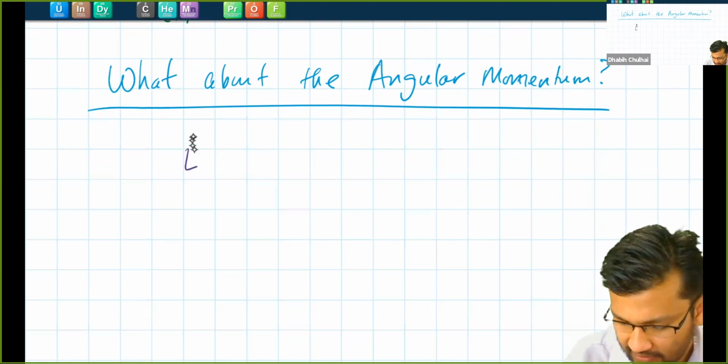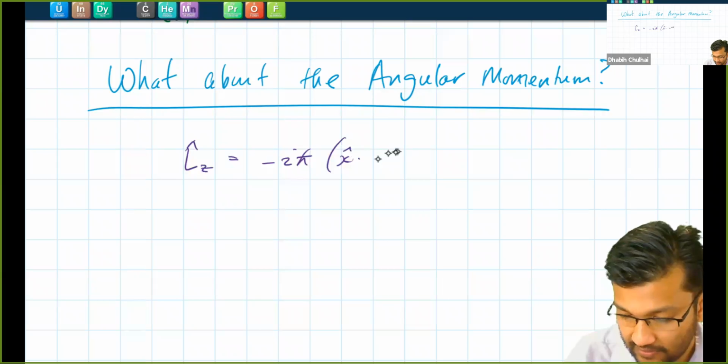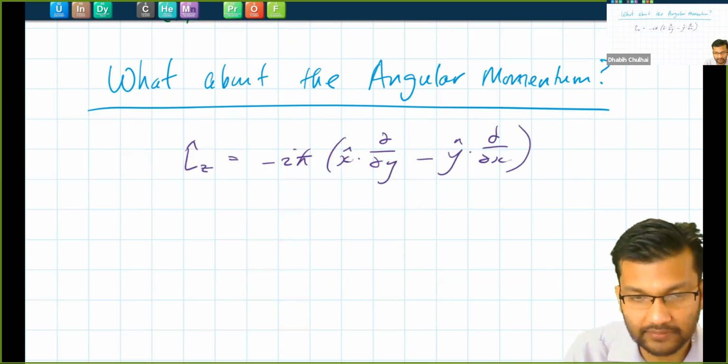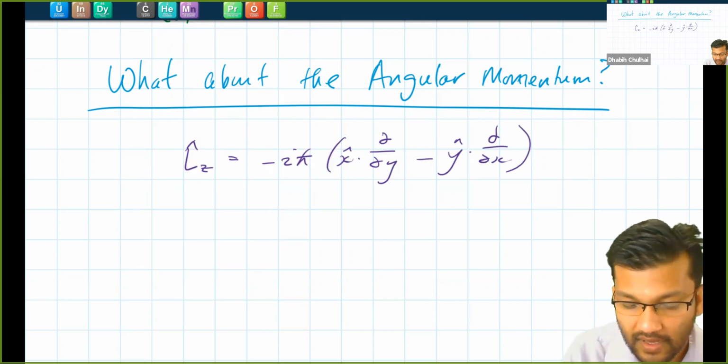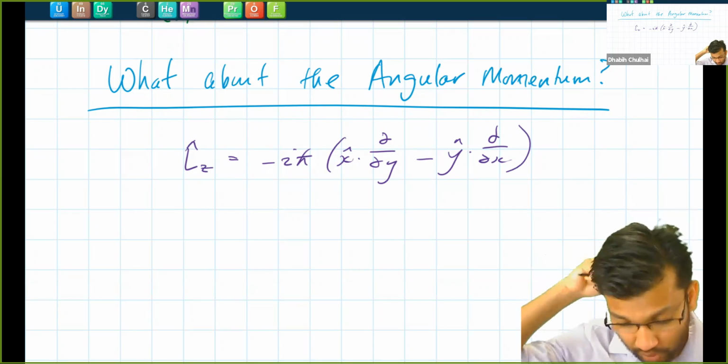Earlier I mentioned that the operator for the angular momentum looks like this: x times d dy minus y times d dx. That's the angular momentum. But we can't use this because we need it in polar coordinates.